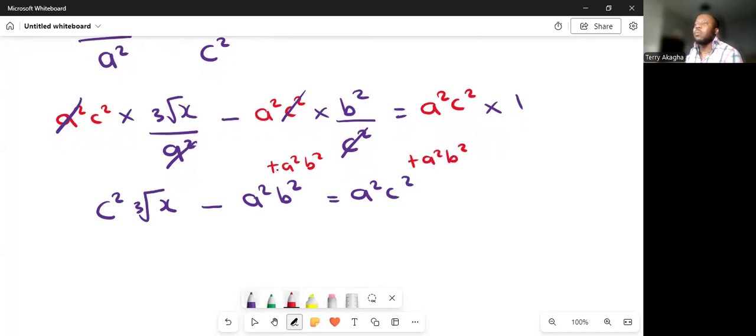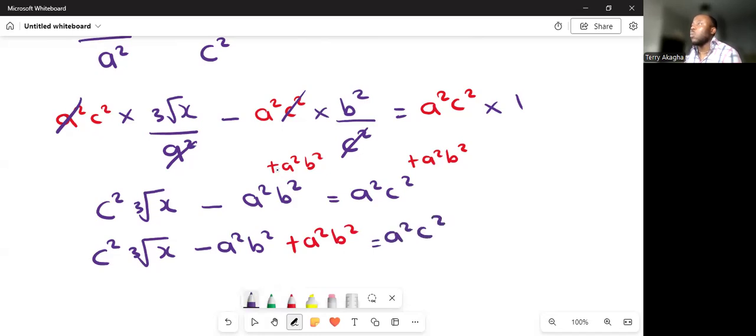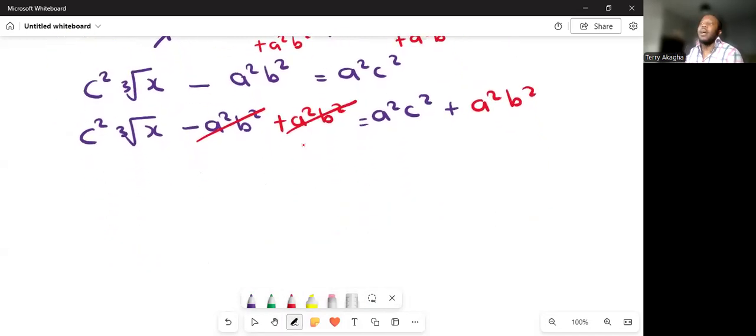So it's going to give me c squared cube root of x minus a squared b squared plus a squared b squared will be equal to a squared c squared plus a squared b squared. So this will cancel out, okay? Then we're going to have c squared cube root of x is equal to a squared c squared plus a squared b squared.